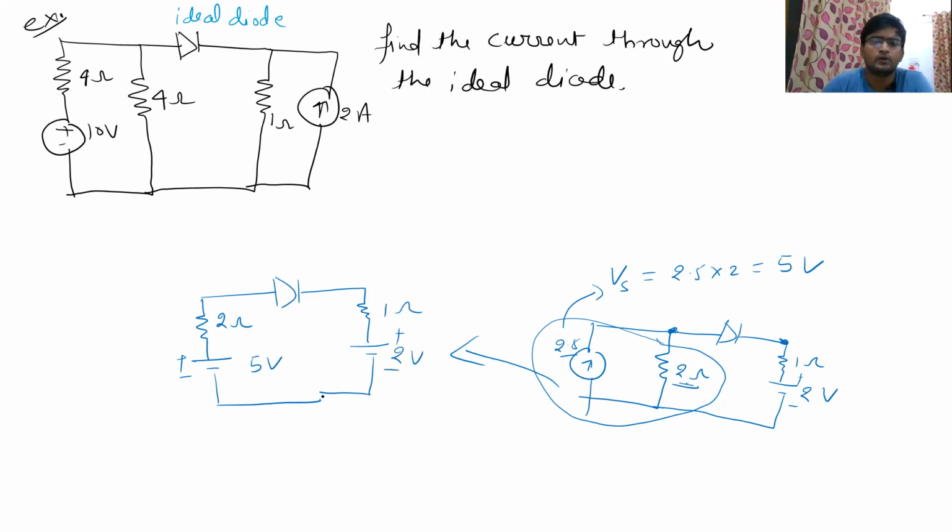Now you can see that there are two voltage sources, one of 5 volt and another of 2 volt.